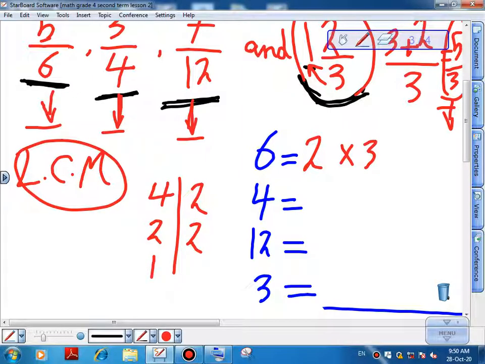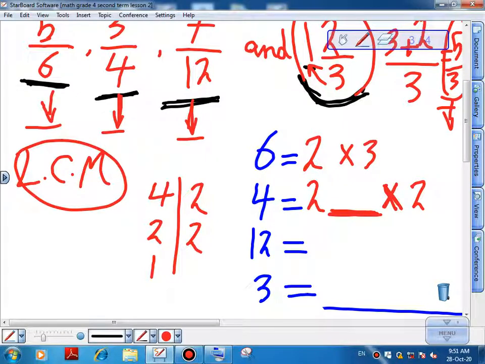Remember the factorization, 2 times 2. We put every number in this family, 2 2. There is no 3 in number 4, so we leave a space for this.